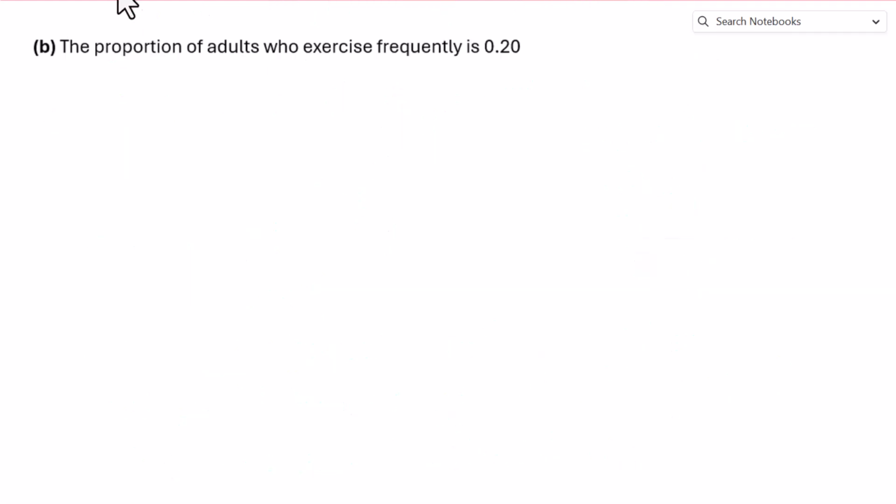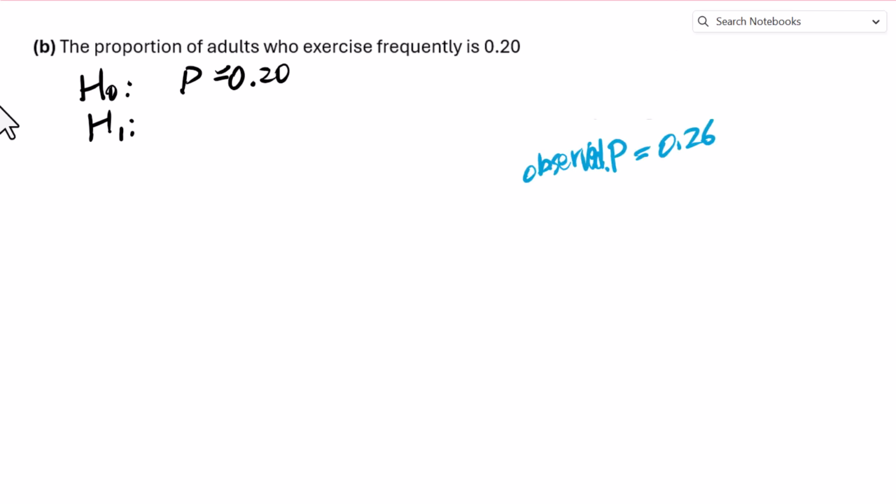B. The proportion of adults who exercise frequently is 0.20. Let's write down H1, H0. H0: P equals 0.20. H1: since this observed proportion equals 0.26, greater than 0.20, P greater than 0.20.